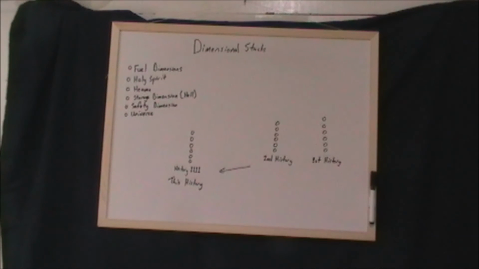In relation to the holy dimension, all the histories' stacks of dimensions are in a straight line, starting with the first history's stack of dimensions, then the second history, all the way up to this history, which is history 1111b. So there are multiple histories. It's nothing to be alarmed about. And that is the makeup of the dimensions in relation to the holy dimension where God was created.